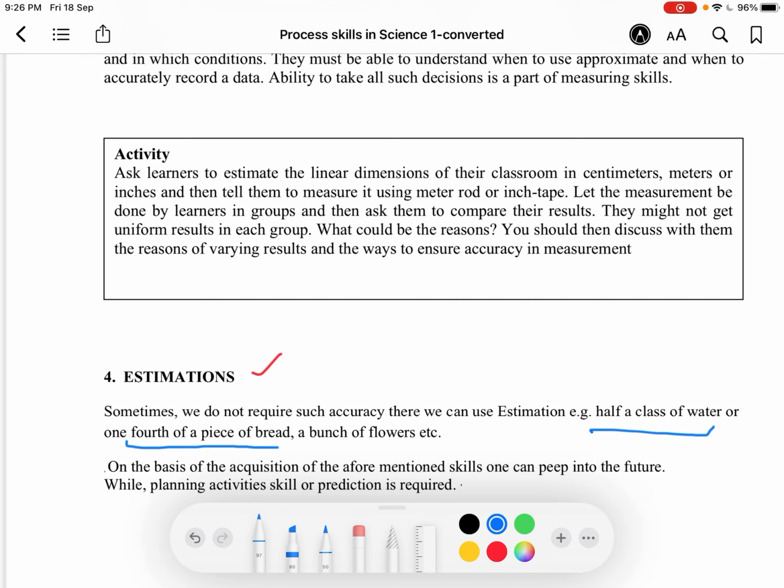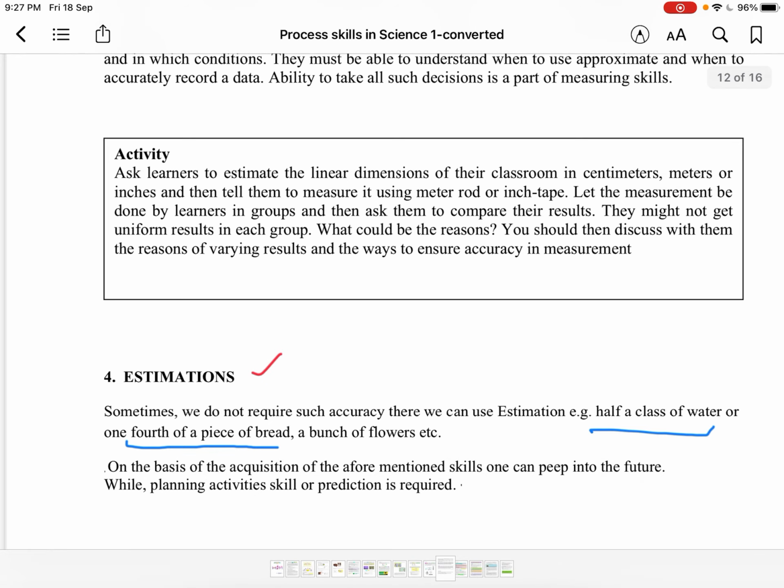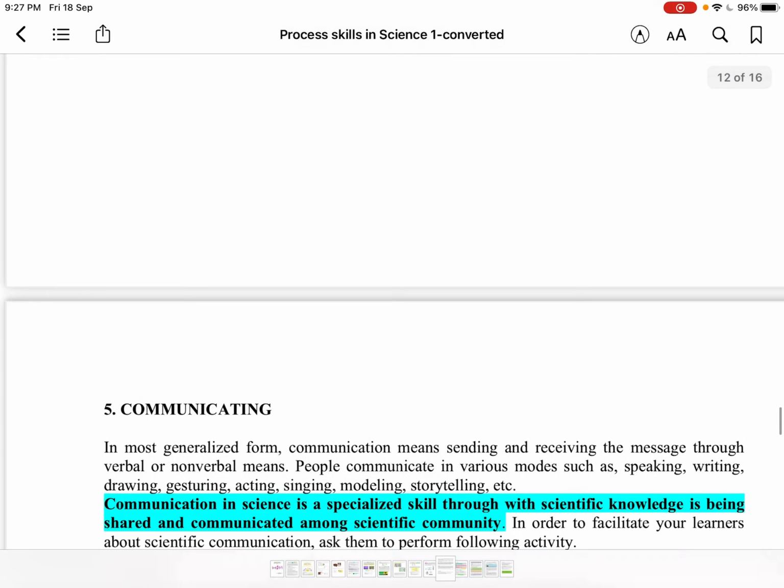Exactly how many grams or pounds, or how many liters or milliliters it is, nobody can say, but at least the person will do that activity by using the skill of estimation. So in science sometimes we have to make use of this type of skill also.